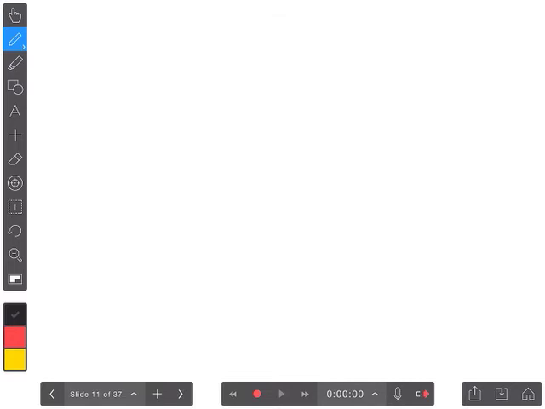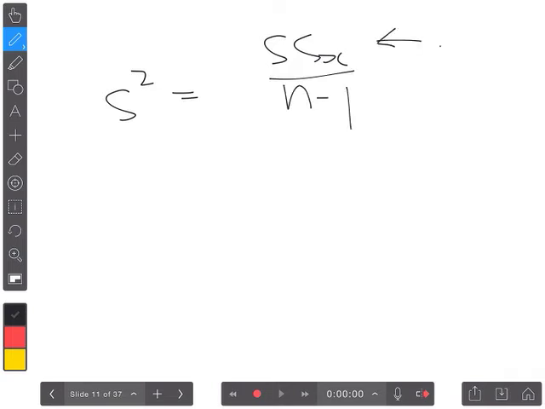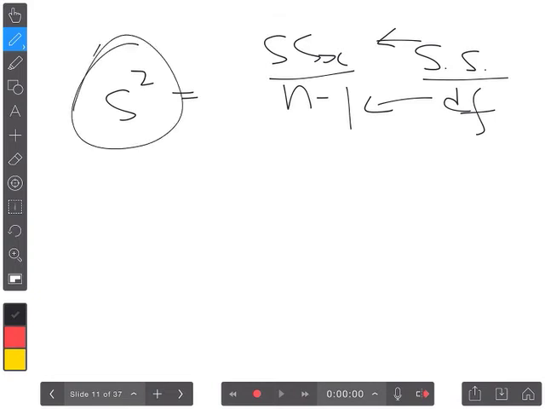For example, when we found S squared was SSX over n minus 1, basically a sum of squares over the degrees of freedom. Sum of squares divided by the degrees of freedom is sample variance in this case. So we could see that, right?